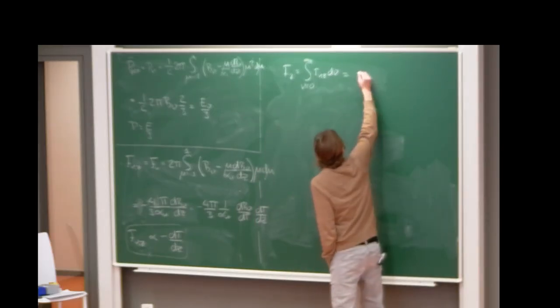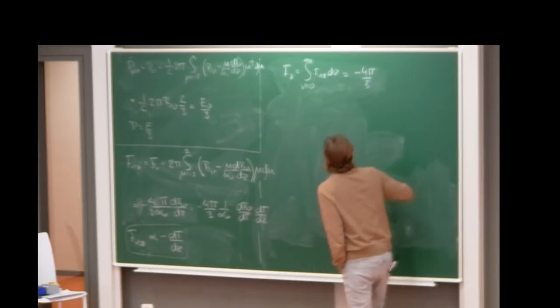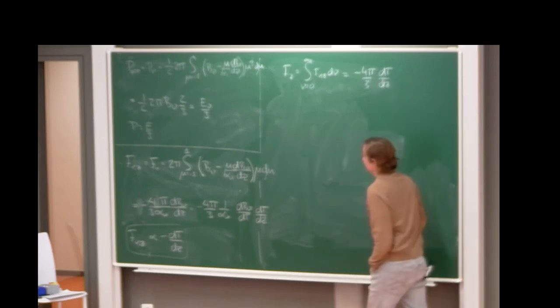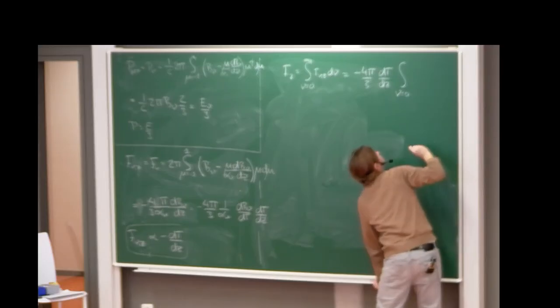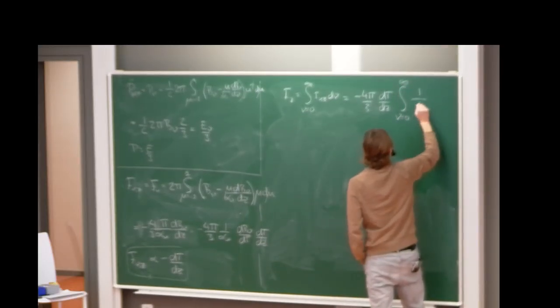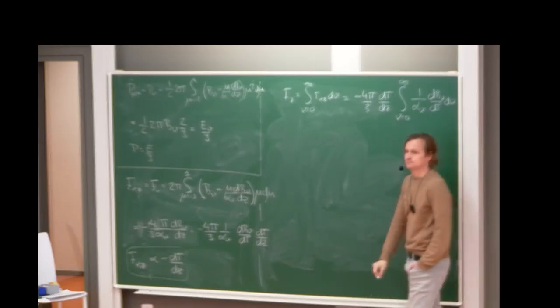We're going to write this as 4 pi over 3, the temperature gradient we can take out, right? But the rest has to now remain in. So we get this integral to solve: the integral of 1 over alpha_nu dB_nu/dT d nu.